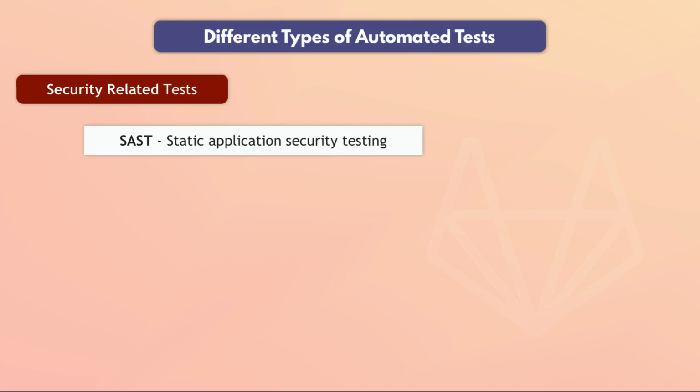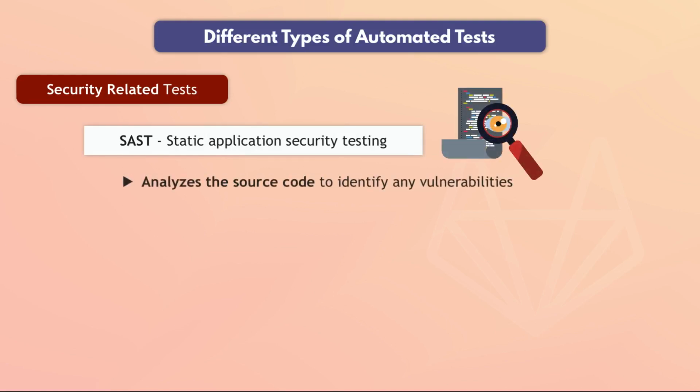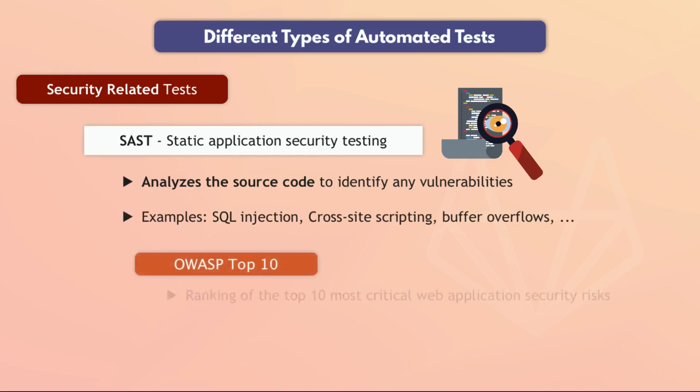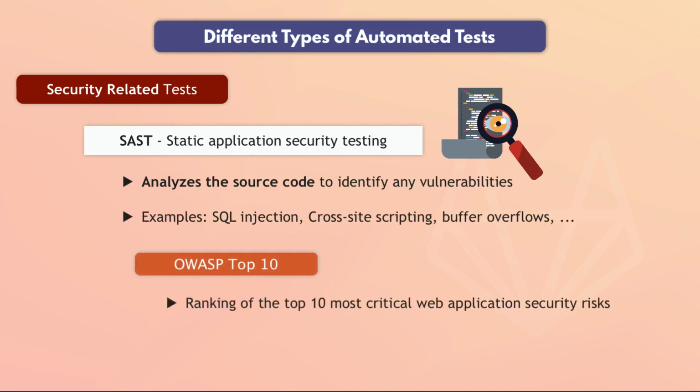And this is what we're going to be adding to our pipeline in this video. Now what SAST does is basically review the application source code to identify any vulnerabilities that can make an application susceptible to an attack. And this could be any software flaws and weaknesses such as SQL injection, etc. You actually have a list of such vulnerabilities that you want to validate and check in your application code.